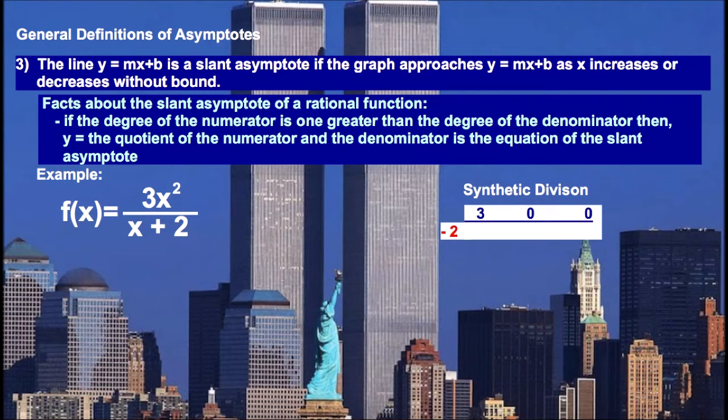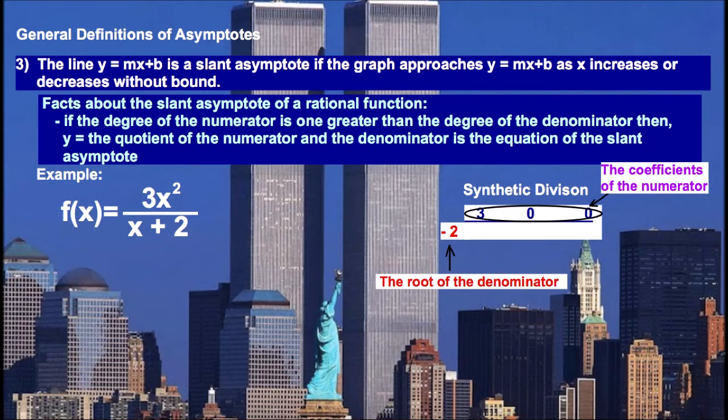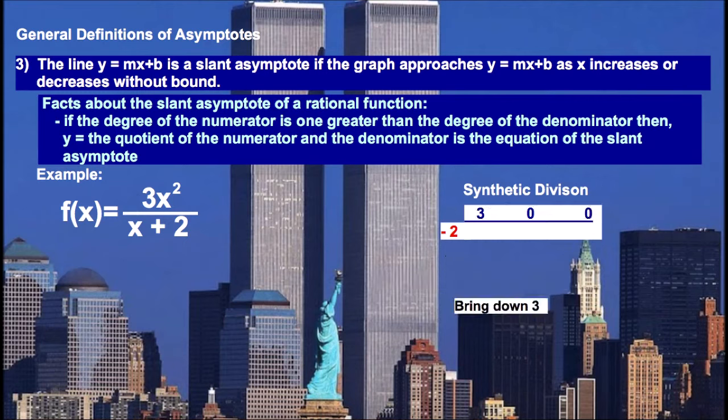Doing synthetic division, the coefficients of the numerator are 3, 0, and 0. The root of the denominator is negative 2. Bring down 3, multiply across, and then add diagonally. Multiply across, 3 times negative 2, add the 0 diagonally, which equals negative 6.